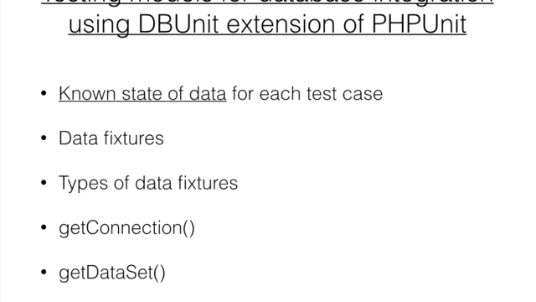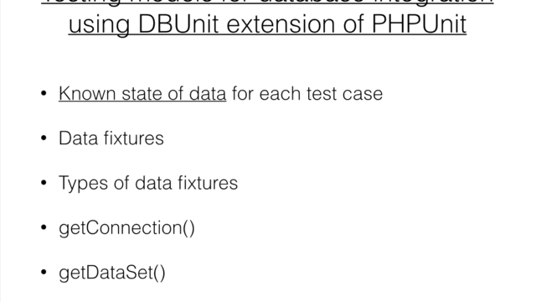How do you define the initial state of your testing? I'll tell you about the types of data fixture and what getConnection and getDataSet are. Whenever you use DBUnit to test your database integration, you need to define two things, a getConnection function and a getDataSet function.